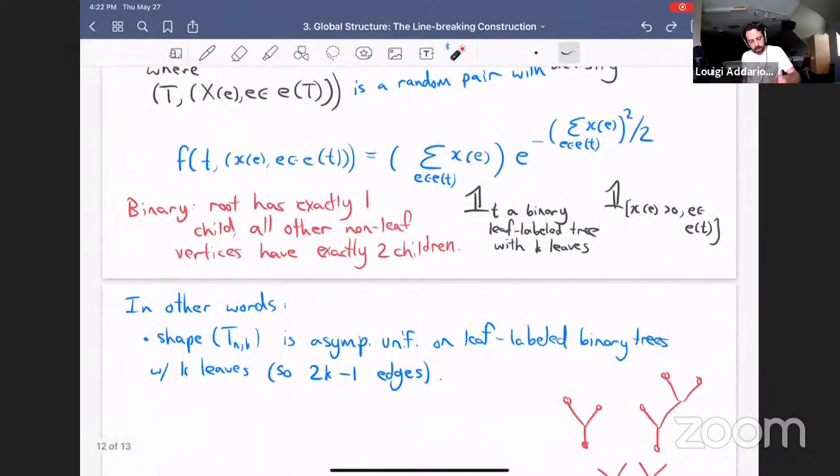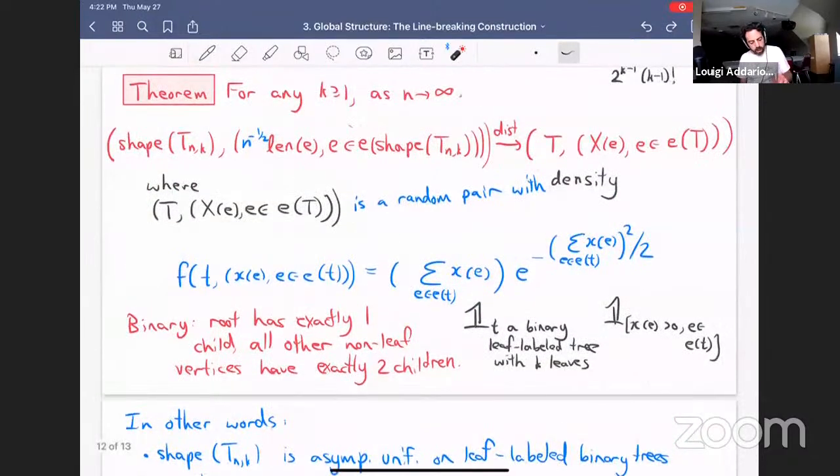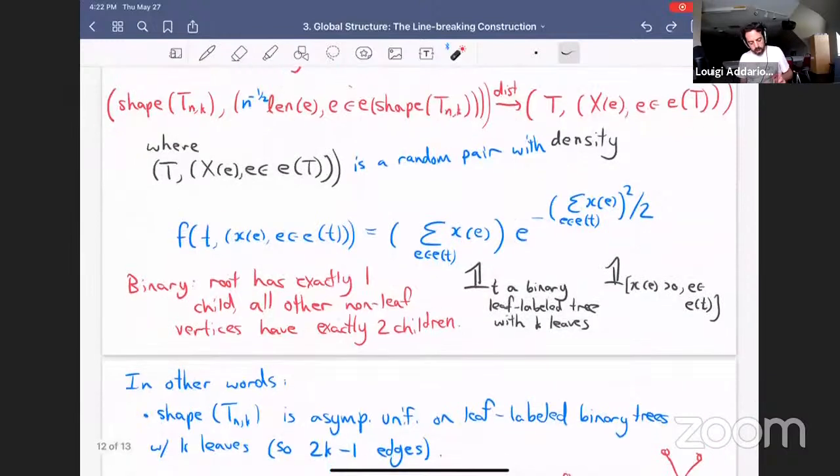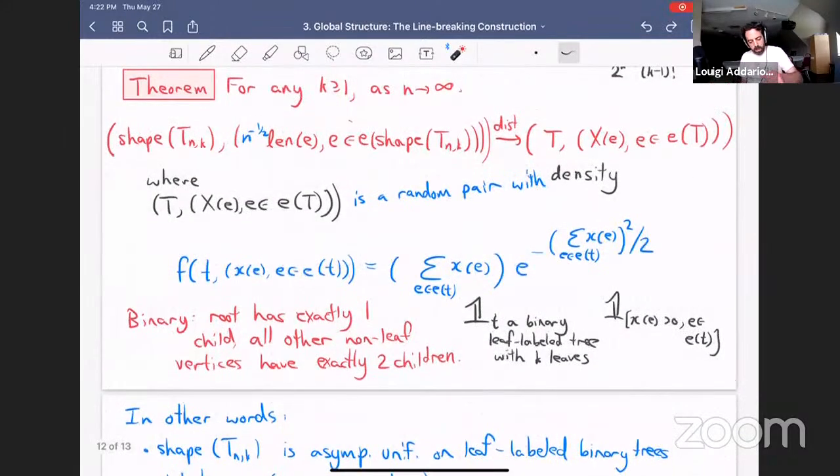The first bit of intuition I want to give you is that when you look at the tree spanned by k leaves and the root in T_n, it's asymptotically uniform over leaf-labeled binary trees with k leaves. How is that encoded in the theorem?